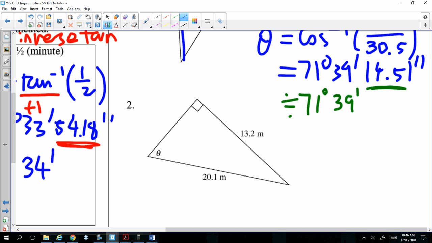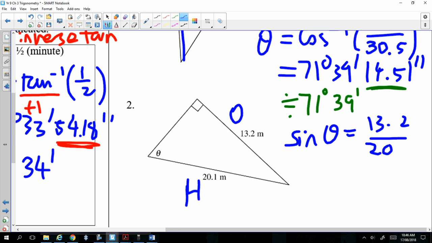Okay, next one. This is hypotenuse. This is opposite. So write sine theta equals opposite over hypotenuse, and then to find the angle, you do shift sine.